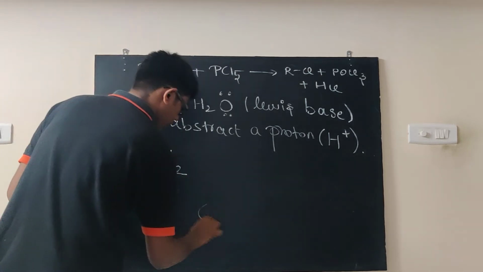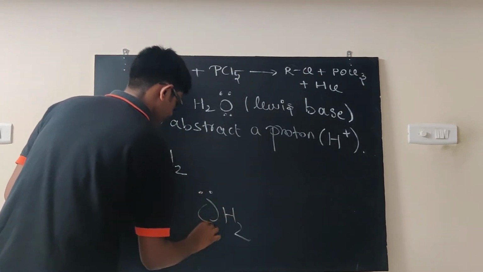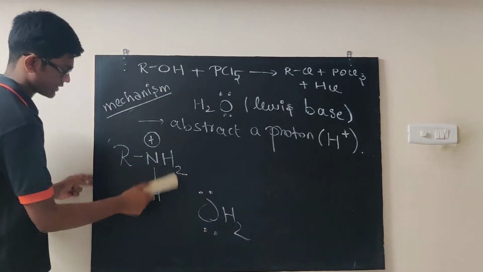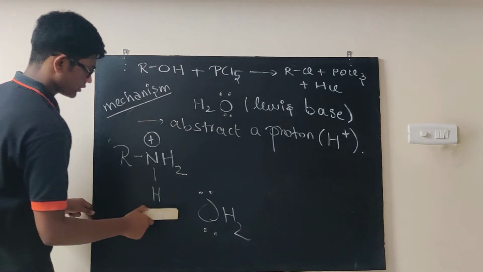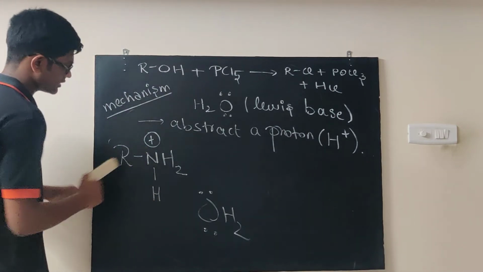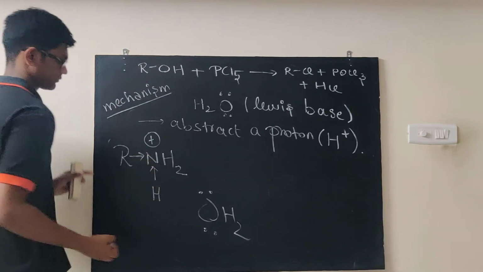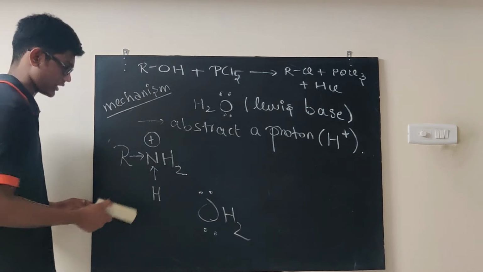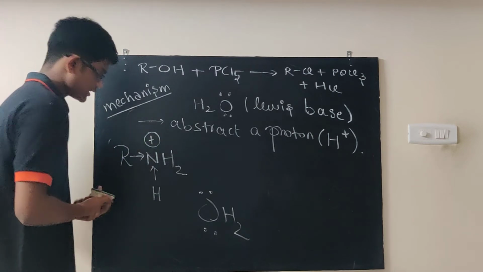We're going to assume that the water, with its lone pairs, is going to call this hydrogen and say, come with me, because this nitrogen isn't treating you that well, right? The nitrogen is pulling the electrons from both R and H, so this hydrogen is electron deficient, and since nitrogen has a positive charge, the electrons are pulled very strongly that way.